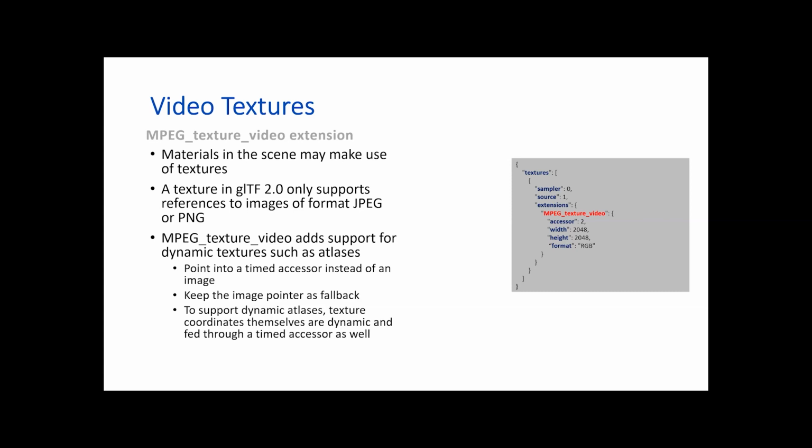For instance, if you're pointing into a video texture, you'll go through the material, the texture itself as an extension, and that will point into an accessor that has the timed accessor extension, which will ultimately point into a buffer with the circular buffer extension, and that points into the MPEG media. That's where you ultimately find the location of the media for that video.